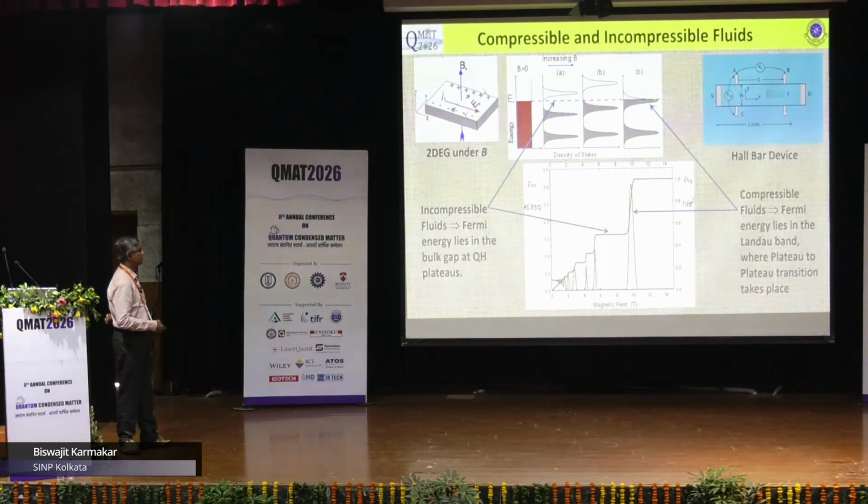When a Landau level crosses the Fermi energy, the density of states at the Fermi energy is high, so you see finite RXX and a plateau to plateau transition. We call it compressible fluid.